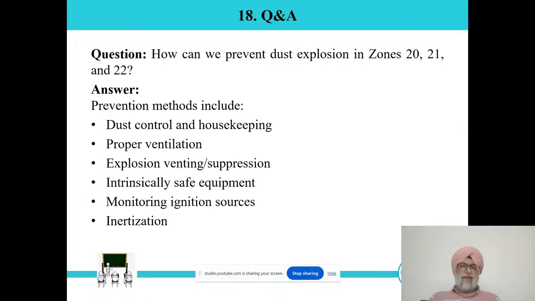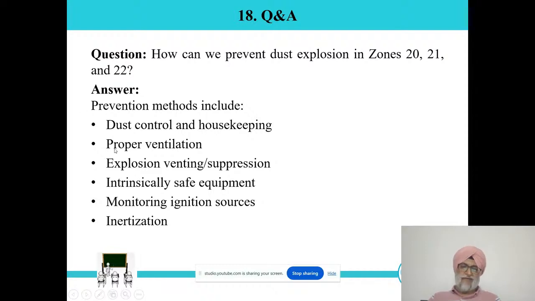How can we prevent dust explosion in zone 20, 21, 22? The answer is, prevention methods include dust control and housekeeping. We have to control the release of dust and maintain proper housekeeping as per the guidelines. Then we can increase the ventilation.